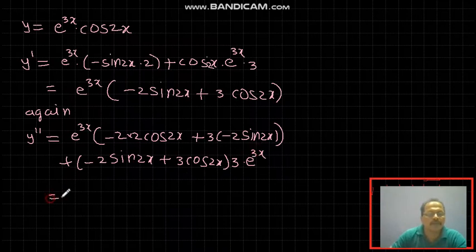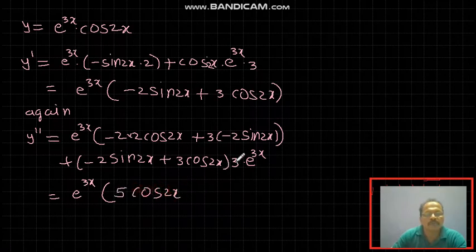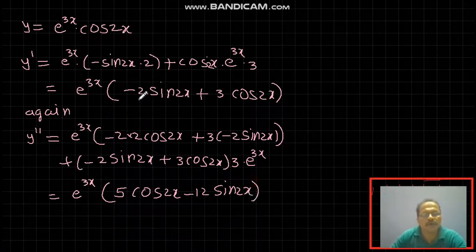Chain rule applied. Taking e raised to 3x common, minus 4 cos 2x and plus 9 cos 2x is 5 cos 2x, and minus 6 sin 2x minus 6 sin 2x is minus 12 sin 2x. This is the second order derivative of e raised to 3x into cos 2x.